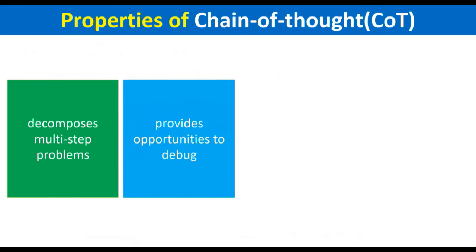Second, a chain of thought provides an interpretable window into the behavior of the model, suggesting how it might have arrived at a particular answer and providing opportunities to debug where the reasoning path went wrong, although fully characterizing a model's computations that support an answer remains an open question.